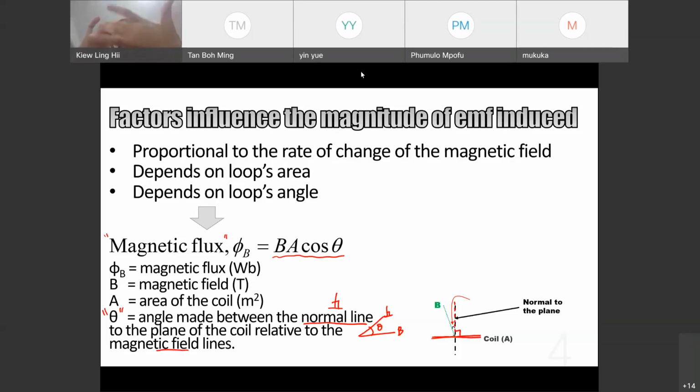If this is my coil, the plane of the coil is this. So where is the normal line? The normal line is this, right? Because it is coming out from the plane. This is the normal line to my coil. Can you see? So it is 90 degrees relative to the plane of this coil. Okay, so that is the normal line.